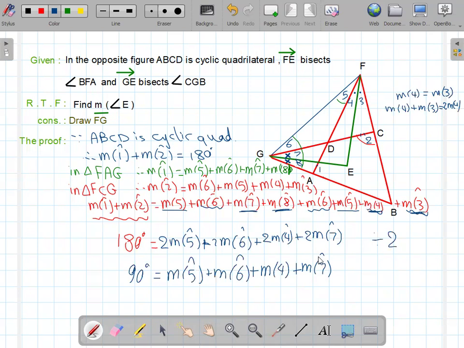You know that this is 5 and 6, also 4 and 7. These are the two angles in the triangle FEG. The two angles in the triangle FEG equal 90. Then the third angle equals 90.